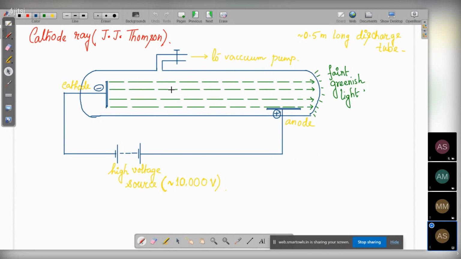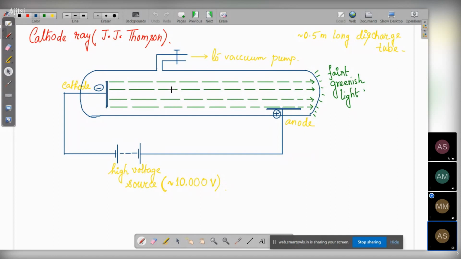Thomson explained it in this way because at that time no more information was available. For him, the atom was indestructible. Nothing can be smaller than an atom. But today we have so many particles. But actually, the main reason for this greenish light is the electrons going and striking the glass surface. It is due to this impact caused by the electrons that we are getting the green colored light over there. Okay, is it clear? Yes, sir.